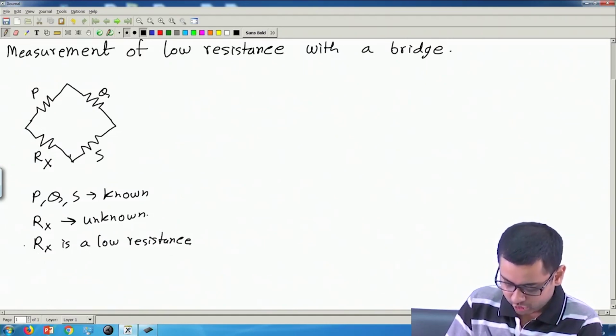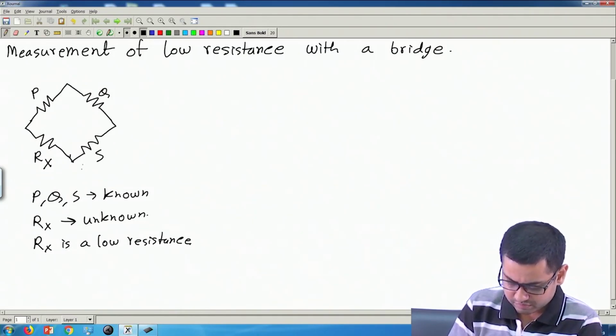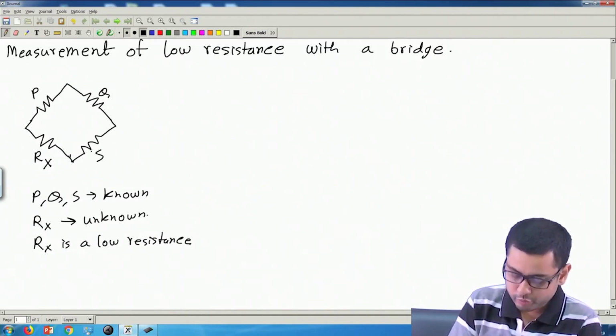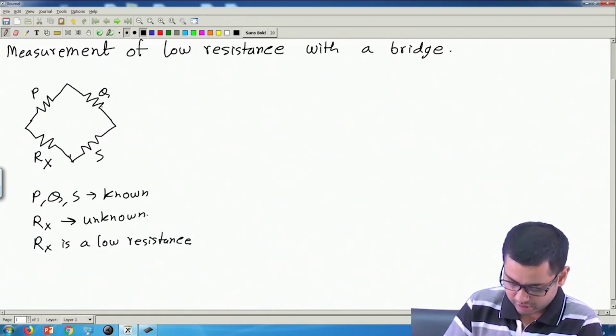Now, if Rx is a low resistance, then we may need possibly another resistance which is small. Why?